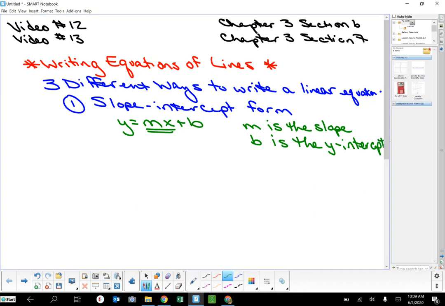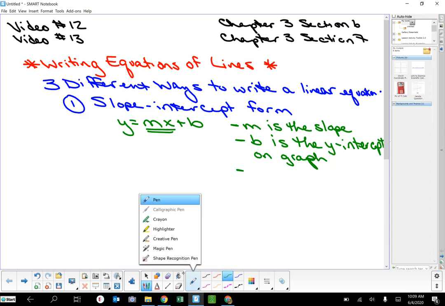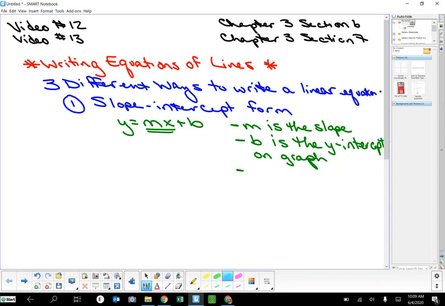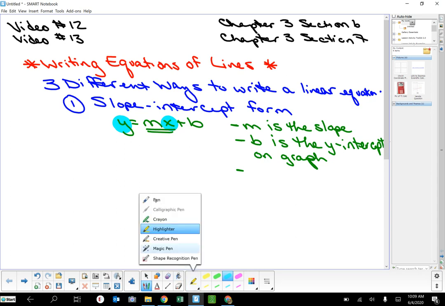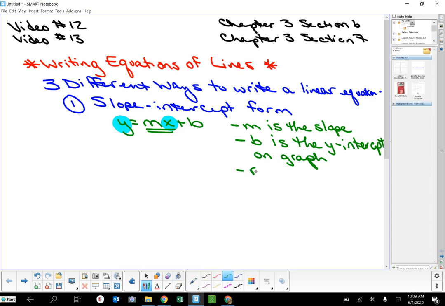So M is the slope. B is the y-intercept. And I don't know if you've ever been asked this, but the remaining x and y in this equation are literally variables, right? Do you know what they represent?